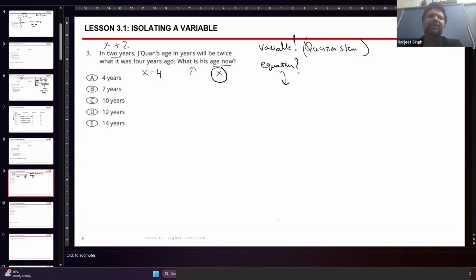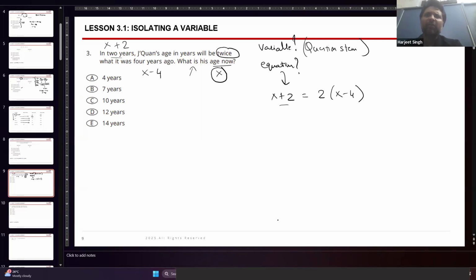So Yuan's age in 2 years will be twice what it was 4 years back, which means in 2 years, which is X plus 2, the age will be twice what it was 4 years back. So this is how we construct it.